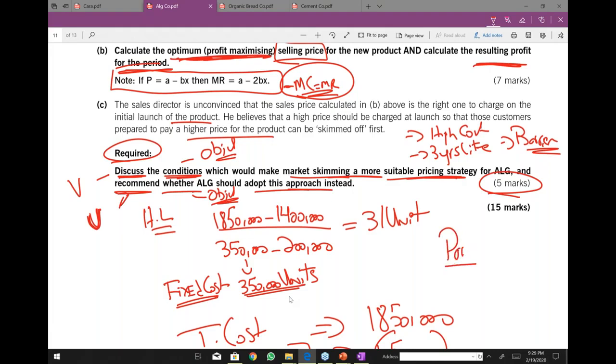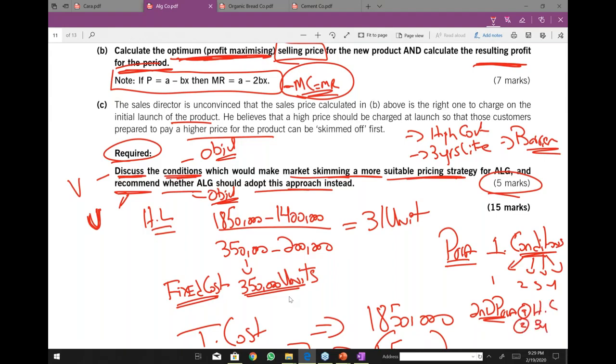In the first paragraph, you will discuss the conditions. And the conditions are very clear. You can mention the four conditions that I just showed you, 1, 2, 3, 4, in a paragraph. Then in the second paragraph, you recommend the suitability by mentioning in the answer that there is a high cost involved plus 3 years life.